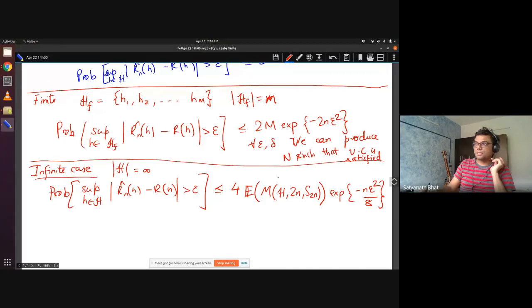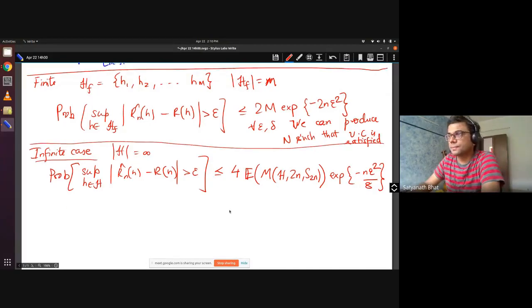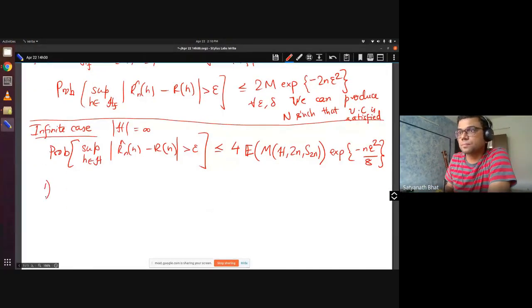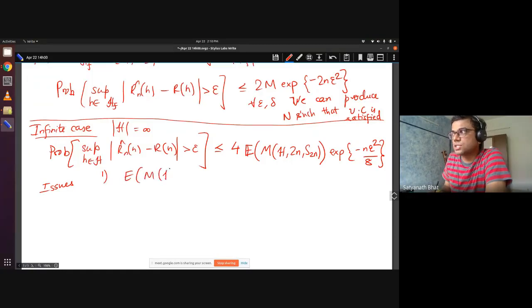So there are two problems here. Issue number one: this expected value of M of H, 2n, S_2n. If it is similar to e power some n, then this bound is useless.